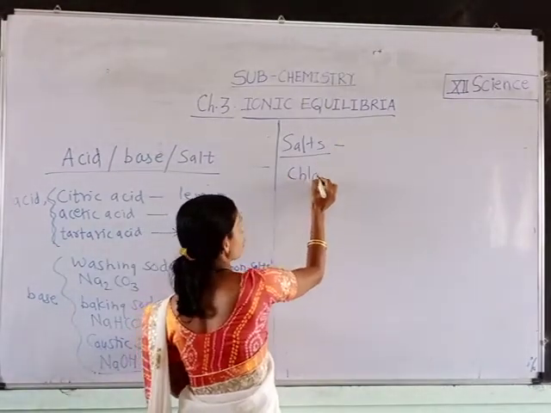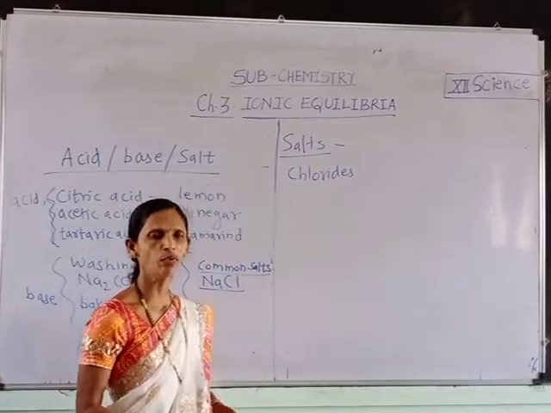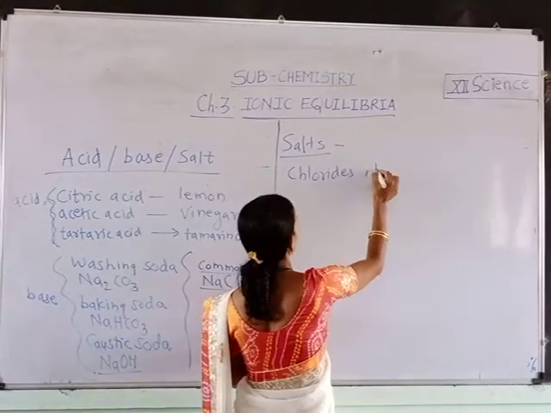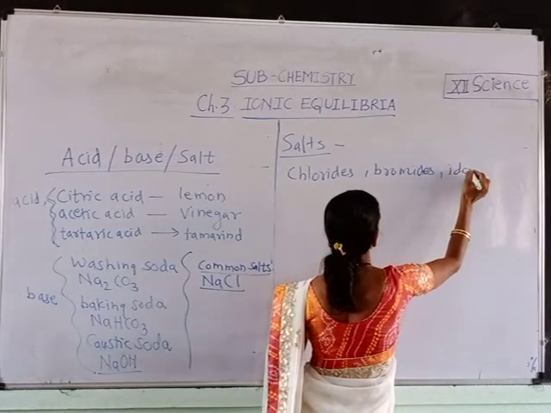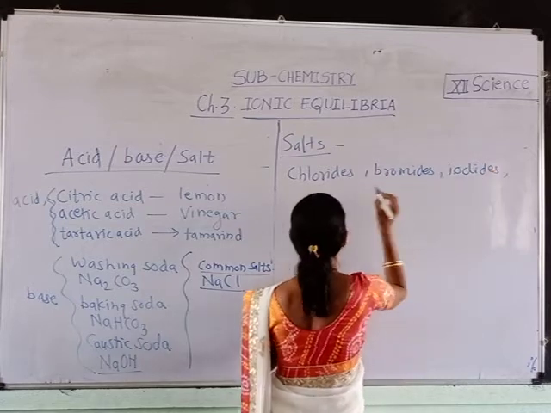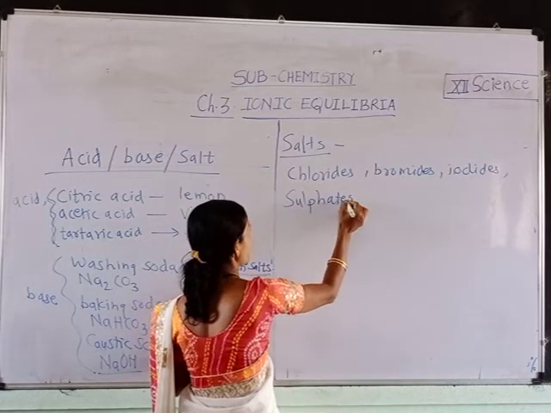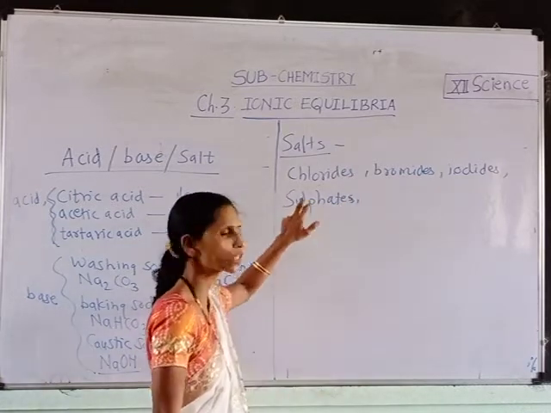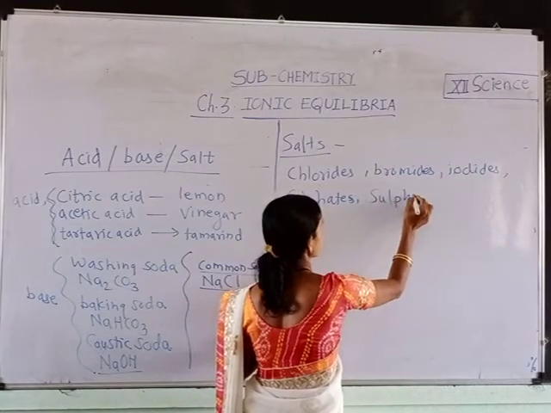These are in the form of chlorides, for example sodium chloride, aluminum chloride, zinc chloride, potassium chloride, bromides, iodides, sulfates such as sodium sulfate, potassium sulfate, calcium sulfate, aluminum sulfate, magnesium sulfate, zinc sulfate, and sulfides.